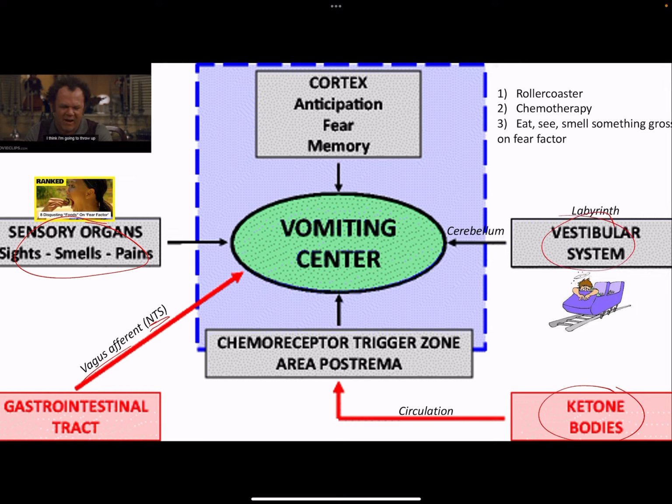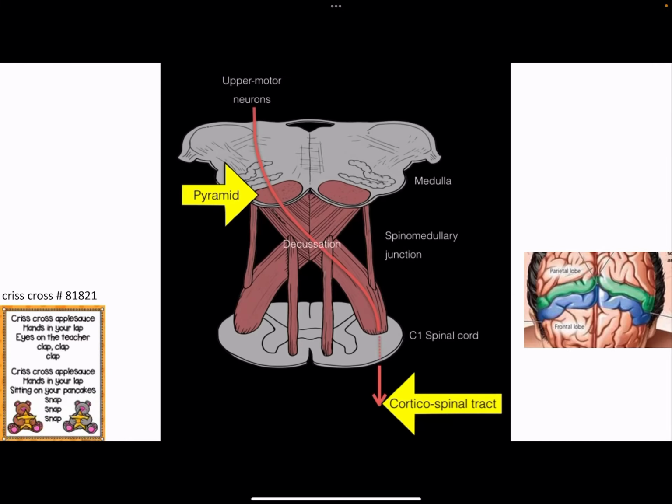And then the vestibular system and the labyrinth in our ear. If you're on a roller coaster, it can communicate with the cerebellum, which communicates with the vomiting center. And all of these things together, you can throw up from a roller coaster, you can throw up from eating poison, you can throw up from smelling something you think is really gross, right? So it's a complex integration of all of these.